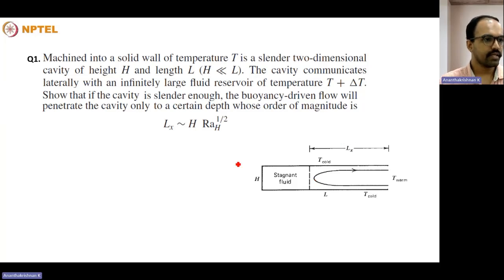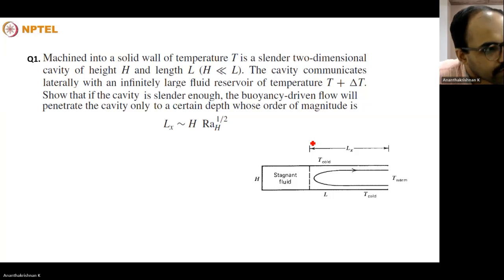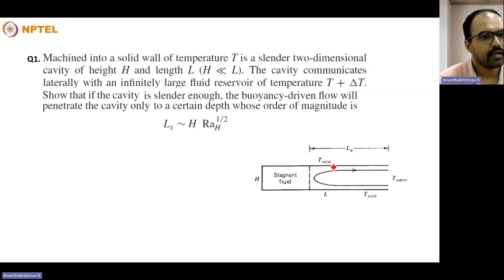In this case, the certain depth whose order of magnitude is Lx is equal to h into Ra_h raised to 1 by 2. We need to prove that the length of the buoyancy driven flow will only be Lx and it will not take the entire length.